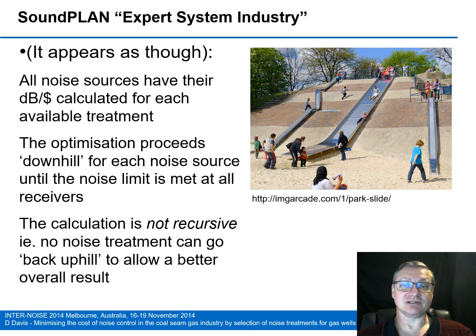That means that the calculation is not recursive, so SoundPlan doesn't consider the possibility that any noise treatment can go back uphill, I mean, it can't reduce the amount of noise treatment applied to any noise source in order to achieve a better overall cost result.